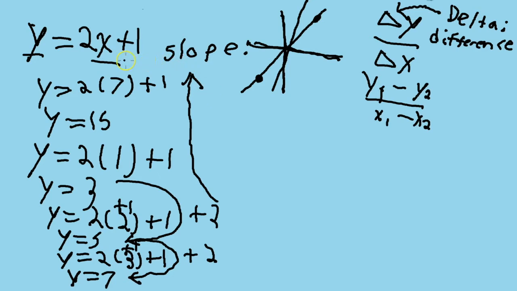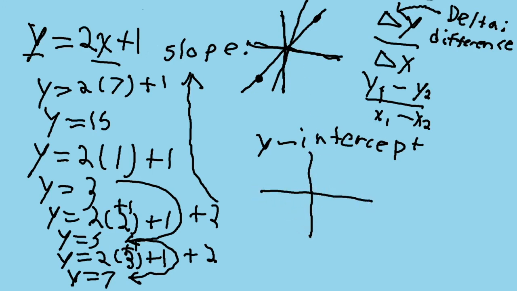Another thing that we have to account for is the y-intercept of a line. The y-intercept is the point where the line intersects the y-axis. For example, a line with slope 1 can look like this, or it could look like this, or it could look like this, or anything that is this steep.